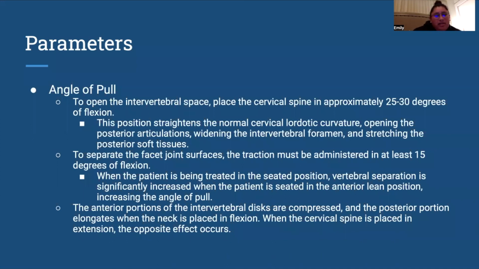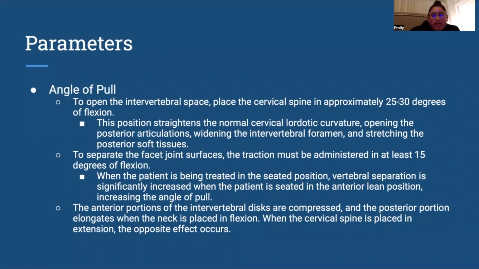To separate the facet joint surfaces, the traction must be administered in at least 15 degrees of flexion. Also, when the patient is being treated in the seated position, vertebral separation is significantly increased when the patient is seated in the anterior lean position, increasing the angle of pull.